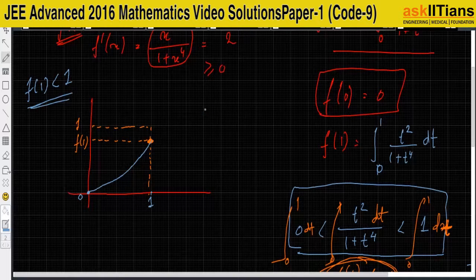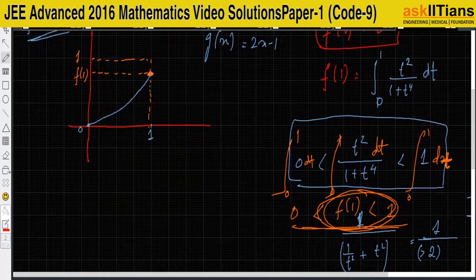And now let me plot the graph of the other function, that is 2x minus 1. At x equal to 0, the value of the function is minus 1, so it will be somewhere downwards here, minus 1. And at x equal to 1, the value of the function is 1, so here, right?